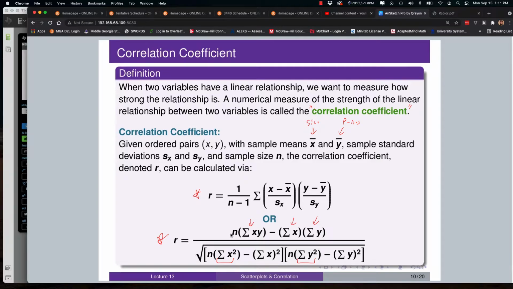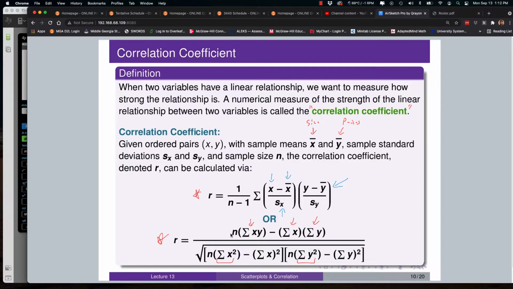All right. This first version here requires a little bit more of a table style of calculation. So you'd have to go through, take each value in your x list, or in this case the house pricing one, the size value, and subtract it from its mean, and then divide it by its standard deviation.